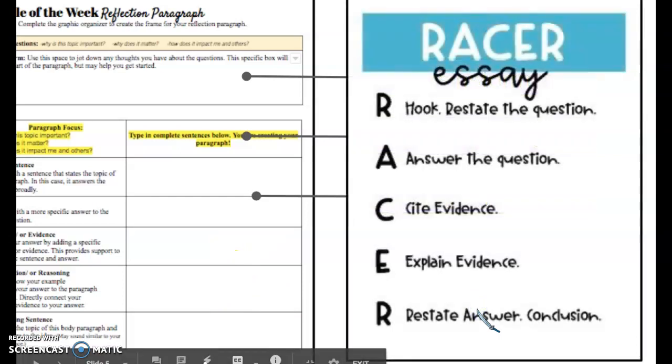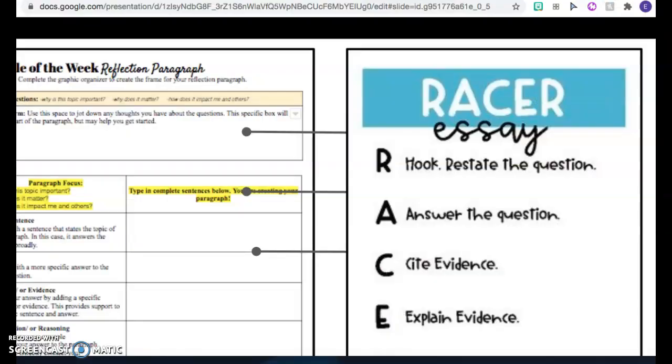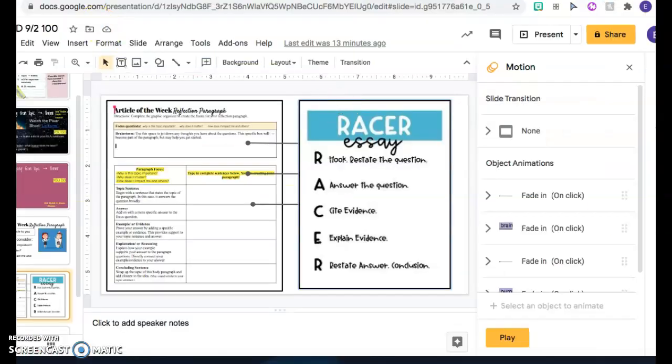You may notice as you are writing that what you are actually creating is a RACER response. If that means very little to you, don't stress. If that makes you feel a little bit more comfortable that you have done things like this before, the RACER is essentially what you're doing, although evidence might look a little bit different.